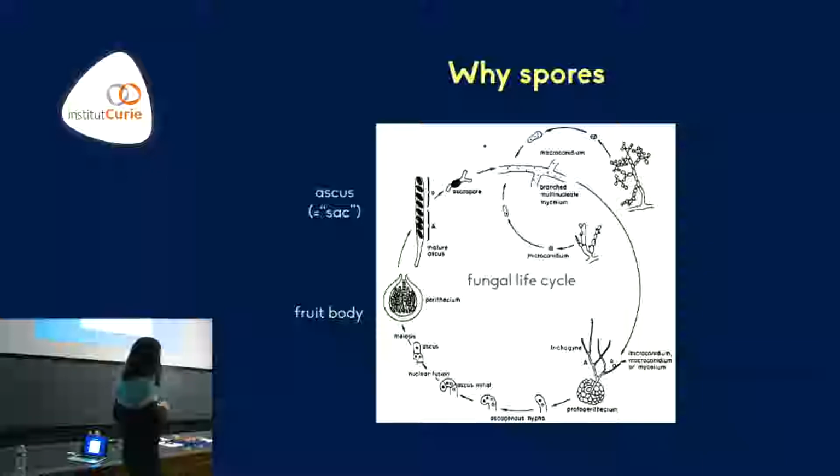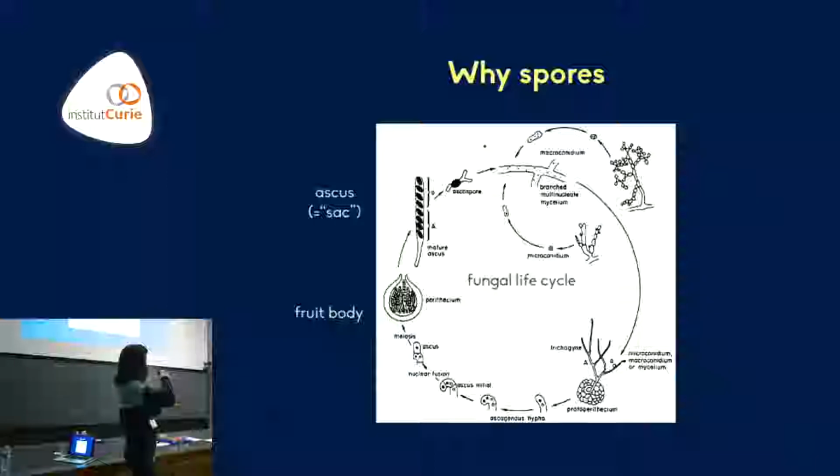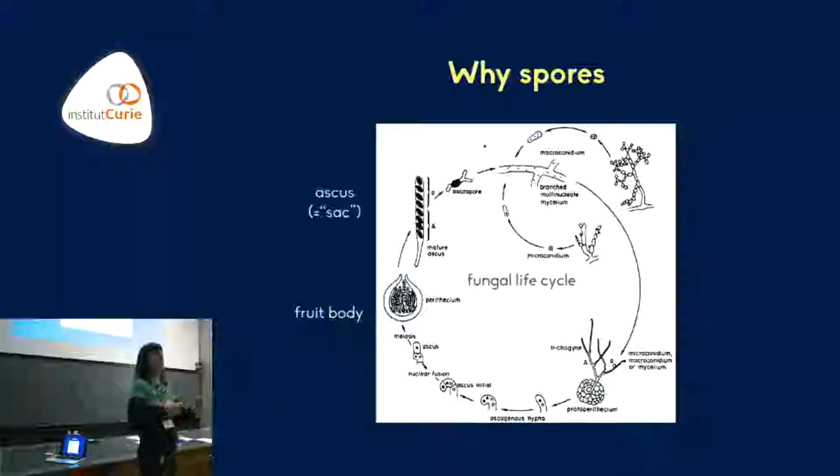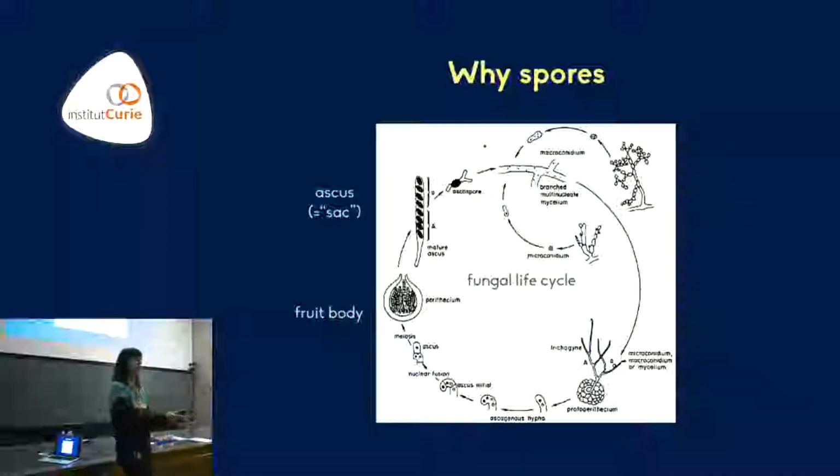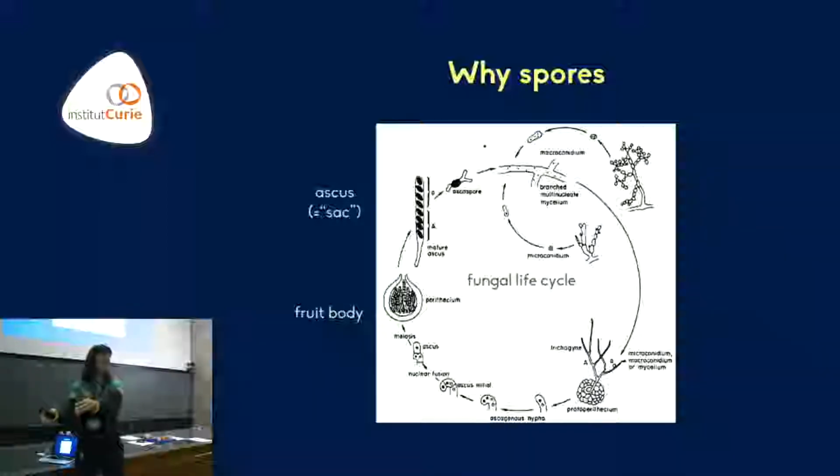But then something happens, and then the fungus transitions to this big part, this big circle in this figure. This is the sexual part of the fungal life cycle. And this is triggered typically by stress. Okay, something wrong happens, I find a mate, I have sex, I make children, and then I let them go.